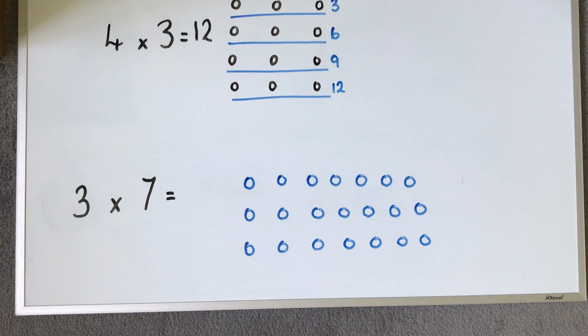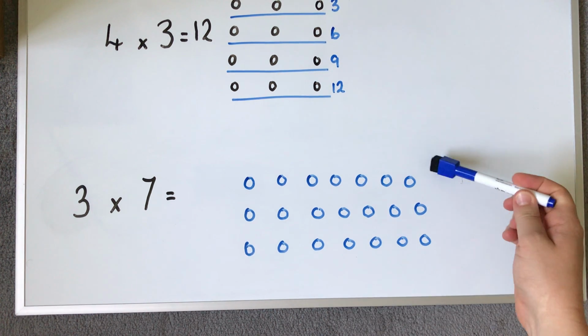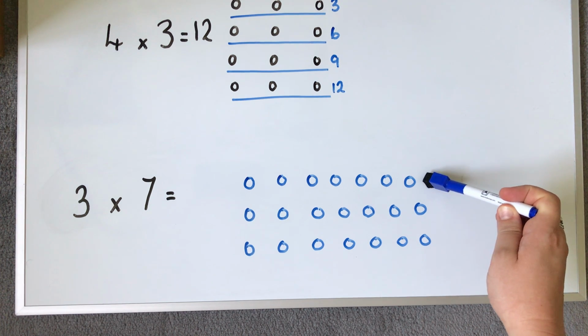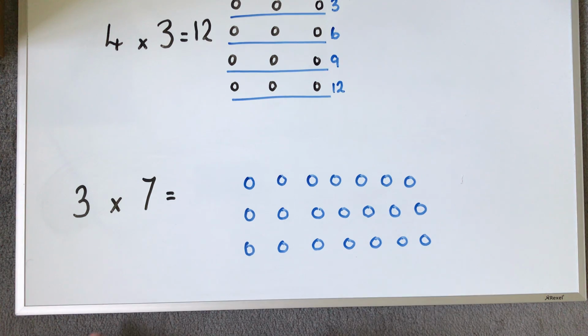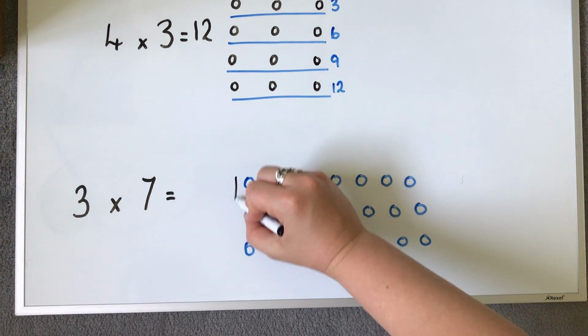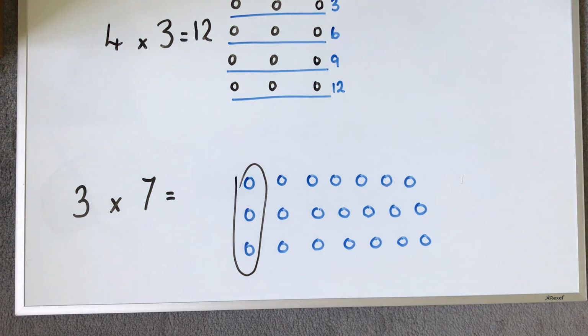Now sevens, our 7 times tables, are a little bit hard to count in. So what you could do, instead of counting the rows, you could count the columns, because in each column we've got 3. And we all know how to count in our 3s, don't we?